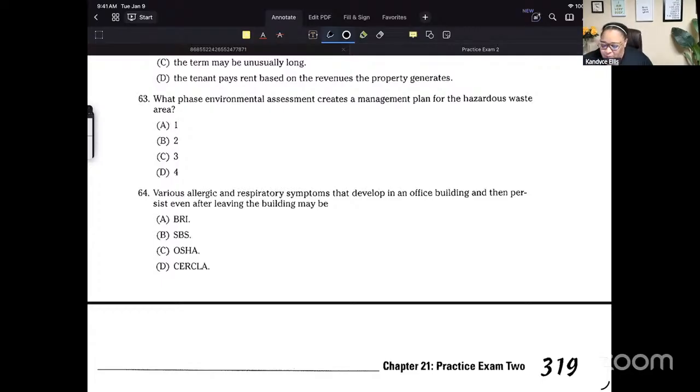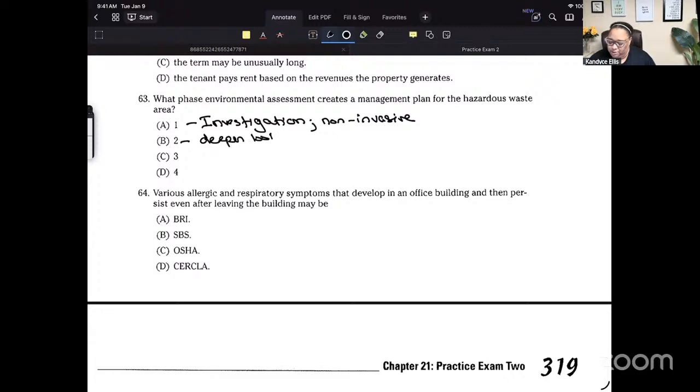All right, so let me write down what Uncle Ray said. He said phase one is, did he say it was investigation? Investigation. And I remember he said it's non-invasive. Number two is a deeper look.